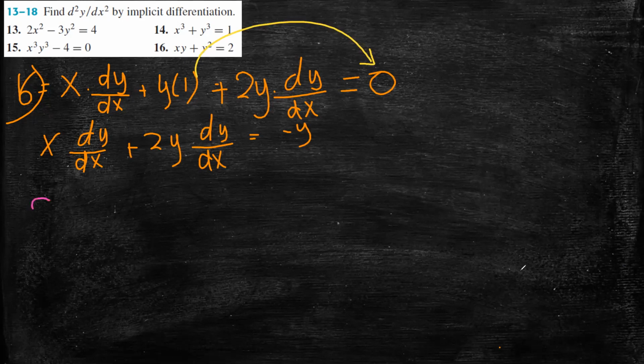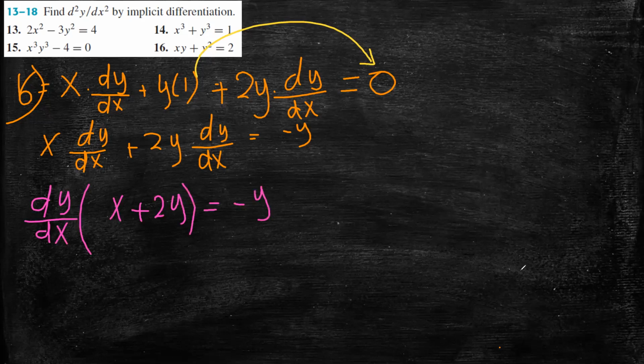Then let's take dy over dx as a common factor. So we have x plus 2y equal negative y. So dy over dx is negative y over x plus 2y.